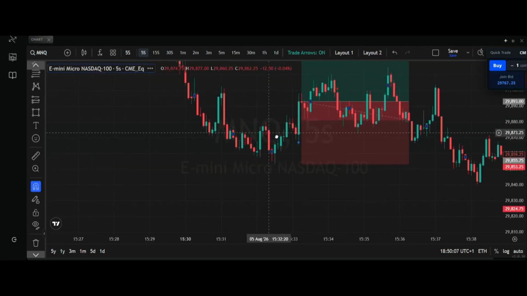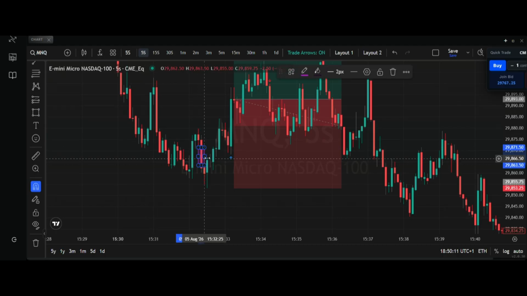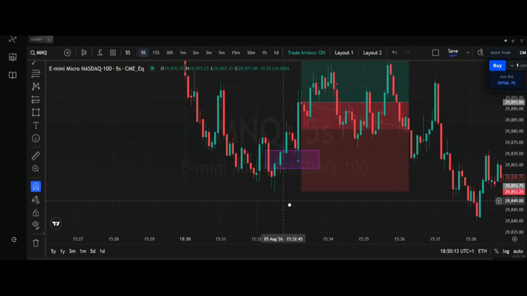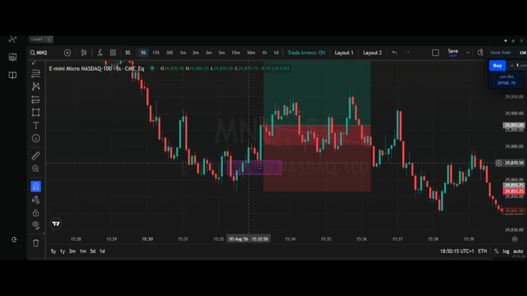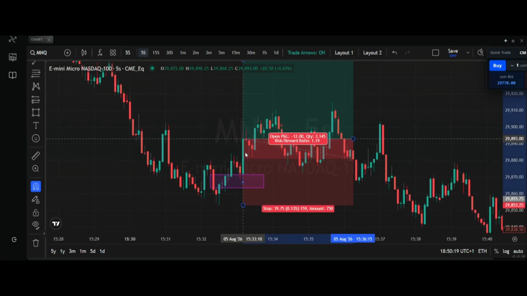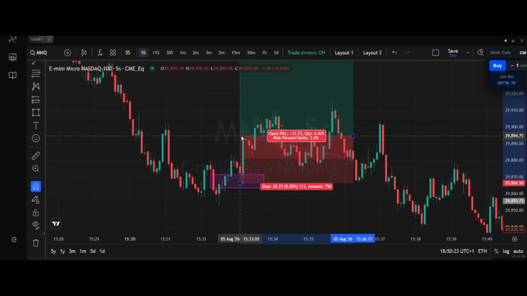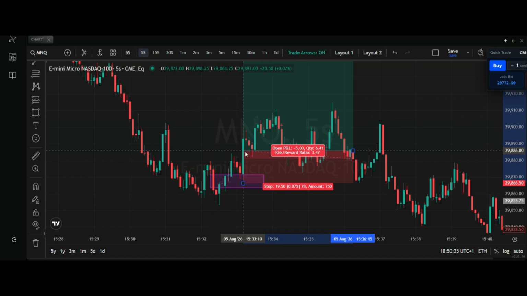Yeah, so I obviously didn't enter immediately, but here was the 5-second that I was taking, and I wanted to see some sort of more displacement, and then we ended up getting this, which made me take the trade within this candle. It wasn't exactly at the end of it. It could have been like here or here somewhere.